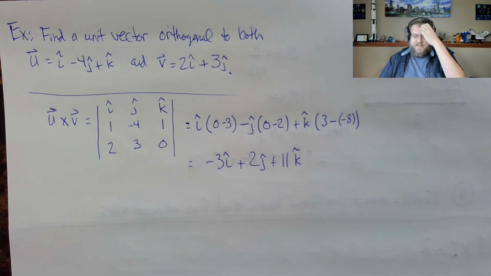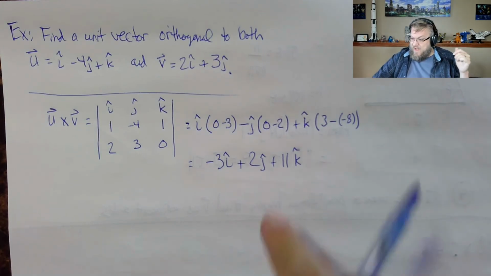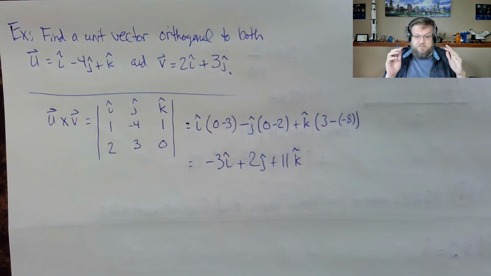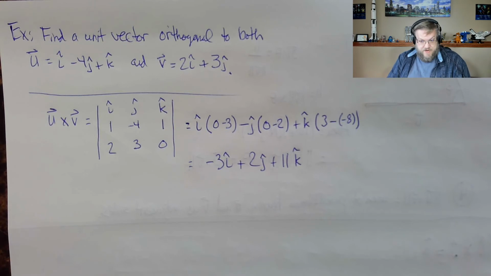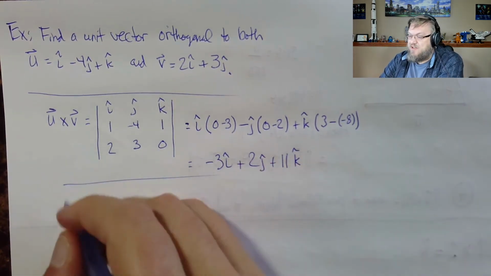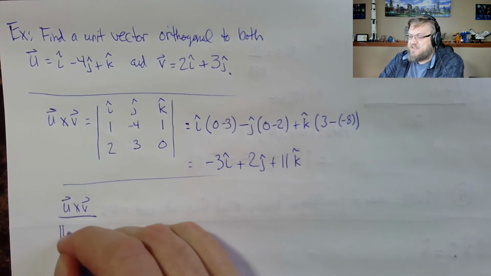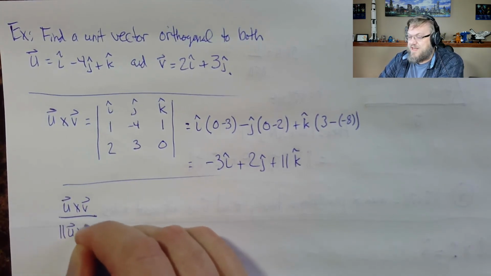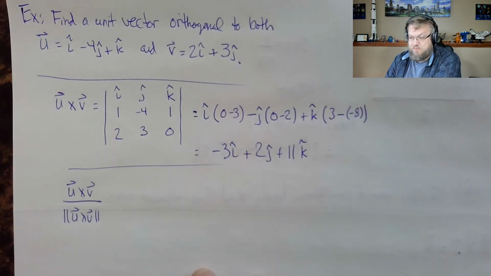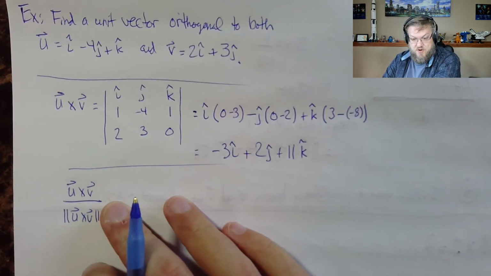All right. Now, what I know is that's orthogonal to both of these, but I'm pretty sure it's not unit length, right? So now I am going to find a unit vector in the direction of the cross product. To do that, all I have to do is take that cross product and divide by its magnitude, right? That will get me a unit length pointing in the direction of the cross product.